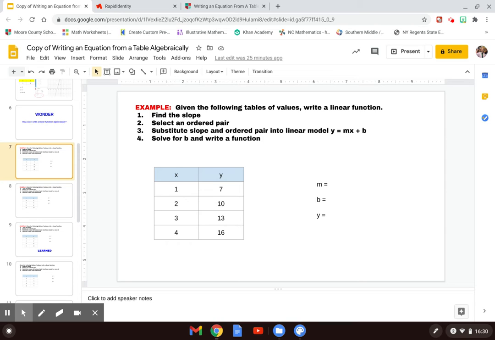The second thing we're going to do is select an ordered pair. The third thing we're going to do is substitute slope and the ordered pair into the linear model, y equals mx plus b, and then solve for b and write a function, okay? So if you need to pause and write those down, you can. And as you do that, I'm going to flip to my Canvas board and we'll start showing you the math of how you can do this.